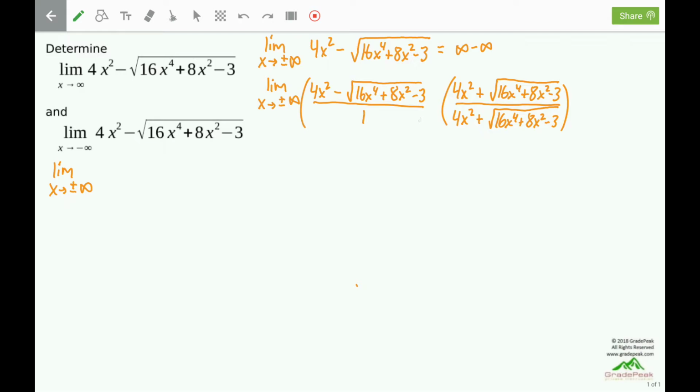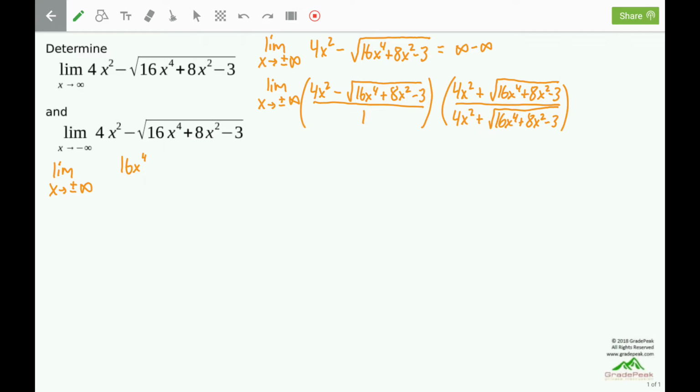In the numerators, we have a root conjugate pair. We will FOIL it out. First, 4x squared times 4x squared will be a 16x to the fourth. Outside, 4x squared times a positive root. Inside, negative root times 4x squared. They will cancel each other out.